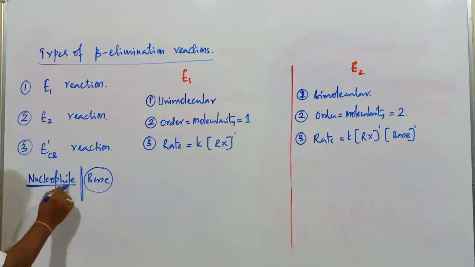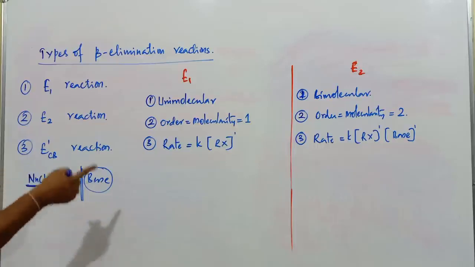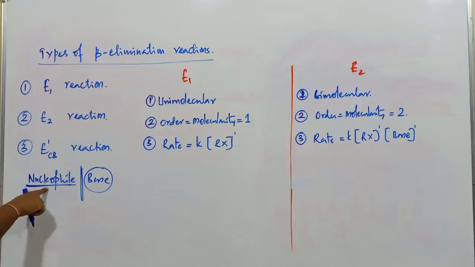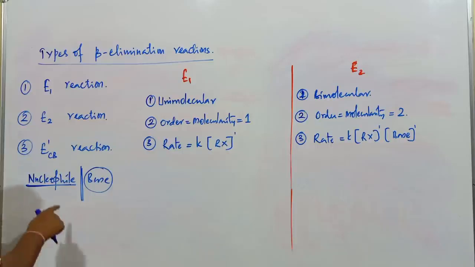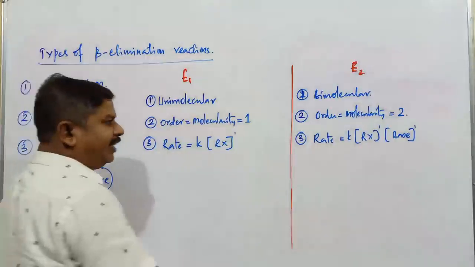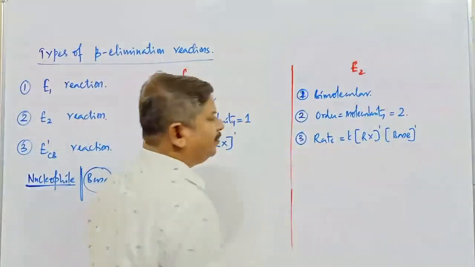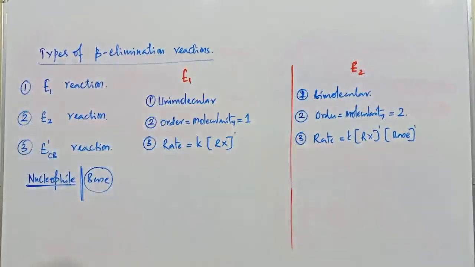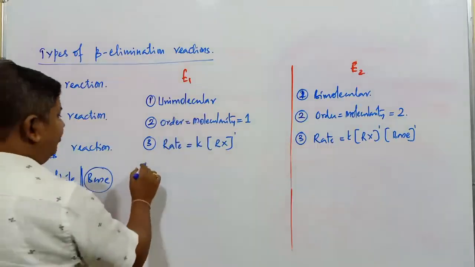Then under what condition is it acting as a nucleophile? Nucleophile is a species which attacks on the electron deficient center. If the substance attacks on the electron deficient center, then it is considered as nucleophile. Remember, a single substance acts as both base as well as nucleophile. So here, the rate of the reaction depends upon the concentration of alkyl halide as well as the concentration of base.